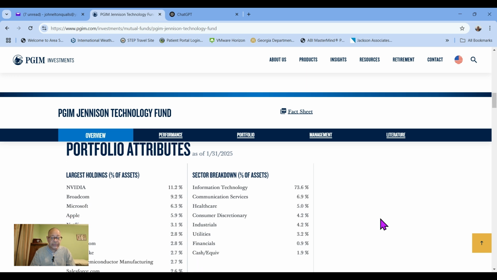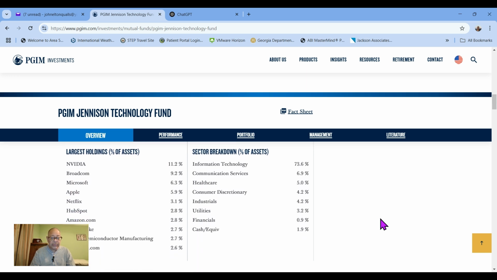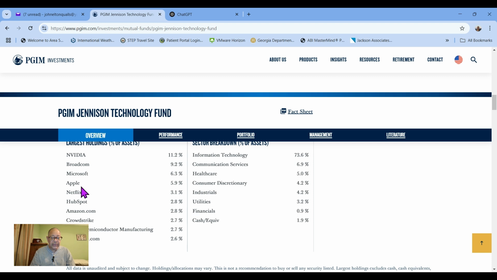And if it's looking at the portfolio, and we've got the Magnificent, it's going to be probably a Magnificent Five. So you got Nvidia, Broadcom is ICs, integrated circuits. They make chips. Microsoft, Apple, Netflix, HubSpot, Amazon, CrowdStrike. Now CrowdStrike took a hit in their company software due to some glitches that they had with some kind of update that was rolled out last year.